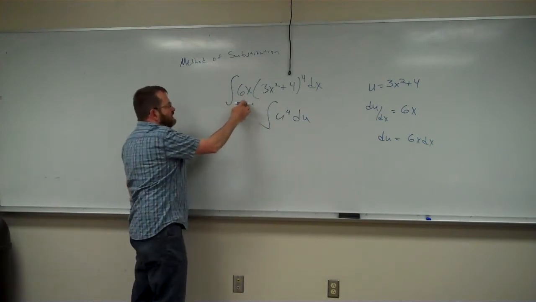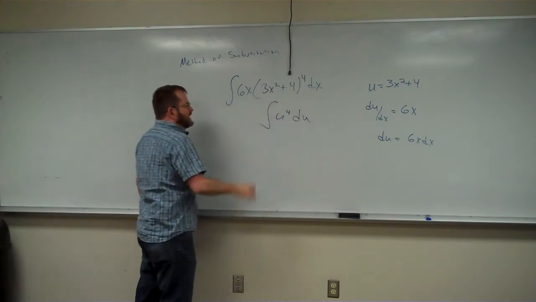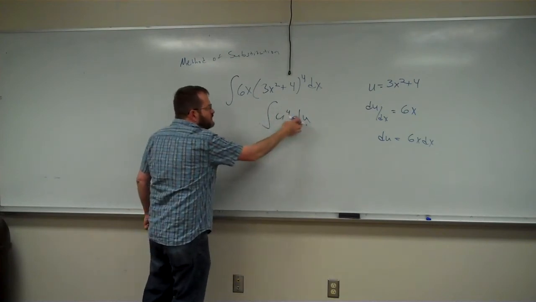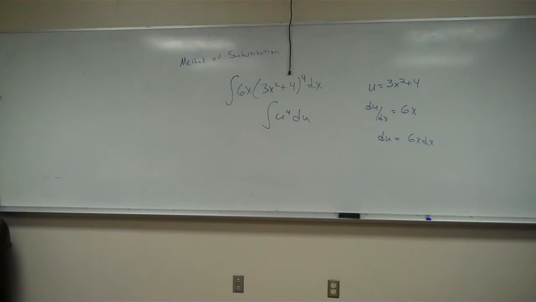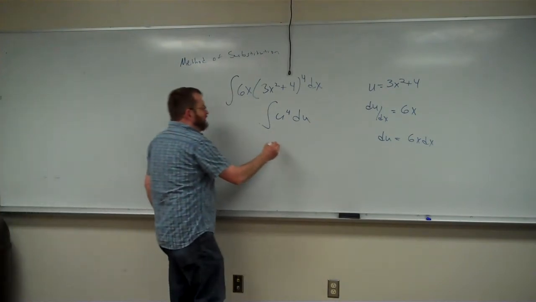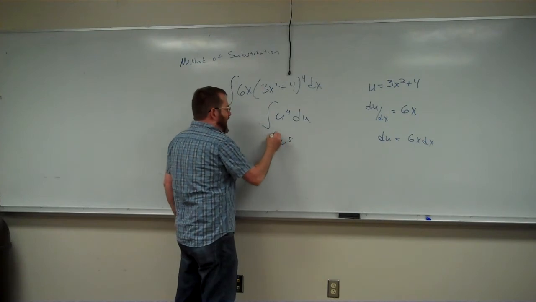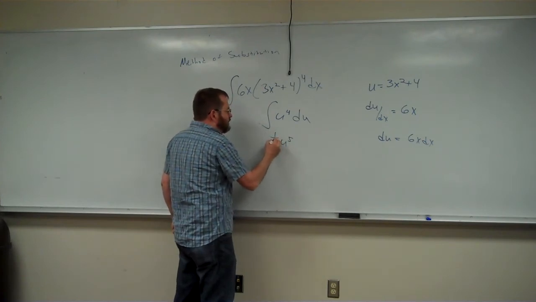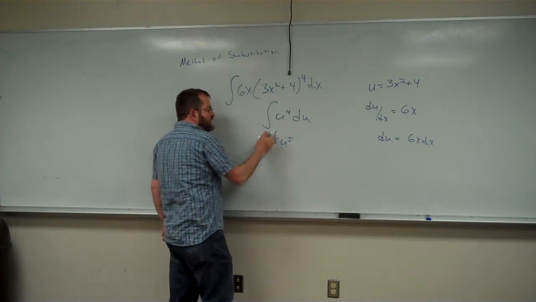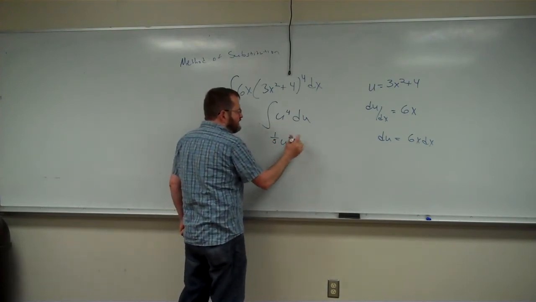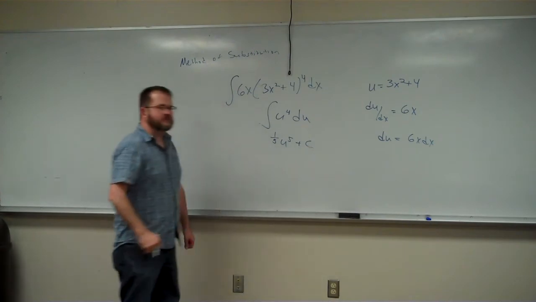So the integral of all this stuff right here is also the same thing as the integral of u to the 4th du. That's not hard, right? U to the 4th is an easy one. It's a power rule integration. Power rule integrations, remember, all we do is increase the power by 1 and then put that 1 over that power out in front. So the integral of this is 1/5 u to the 5th power plus c.